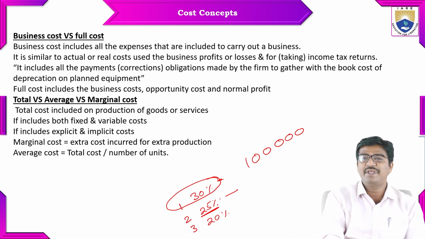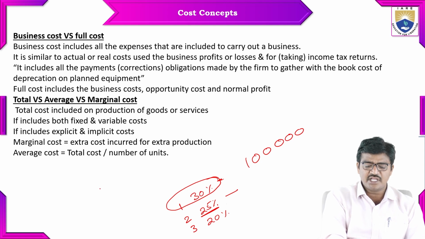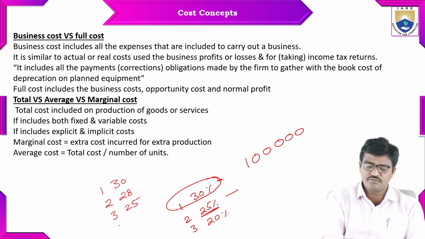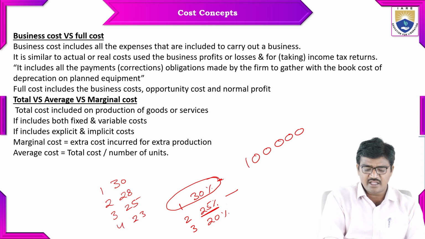Because of the uncertain future, you may not get the same expected profit in future. In the initial year you may get 30% as expected, in the second year 28%, in the third year 25%, and in the fourth year 23%. Like this, the return may increase or decrease.